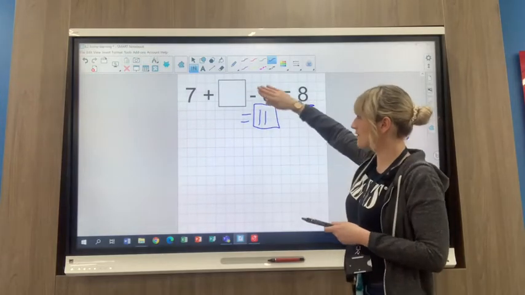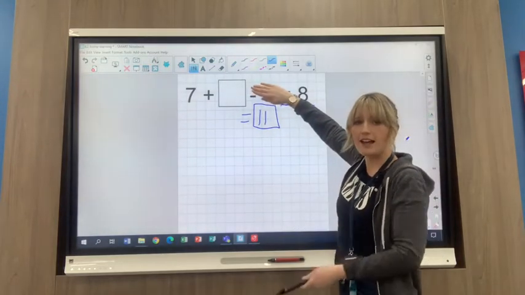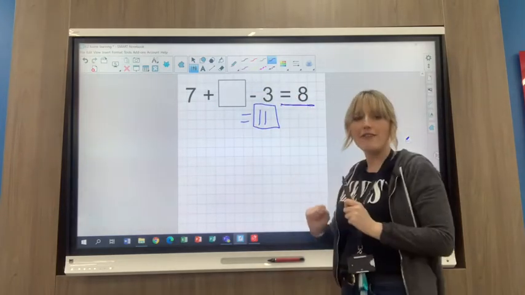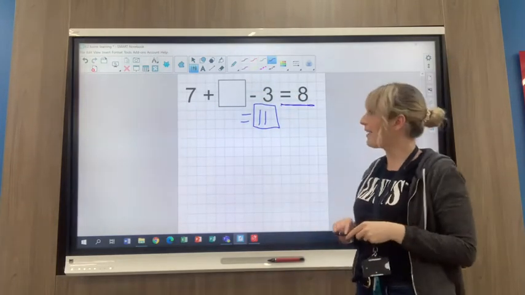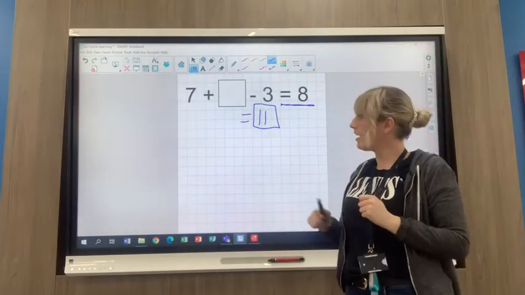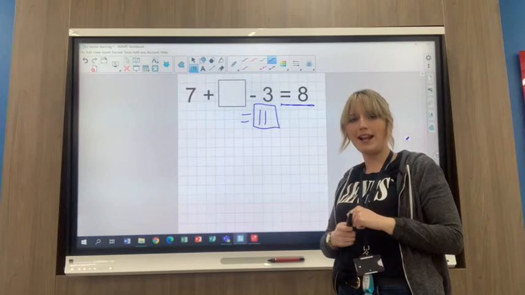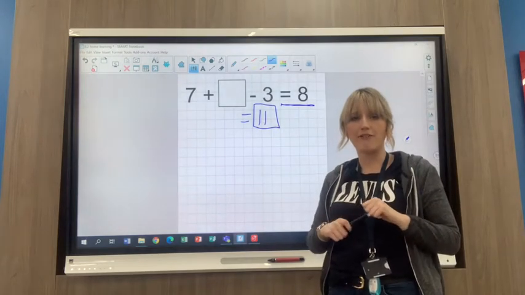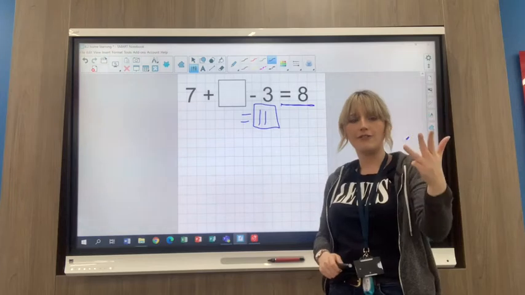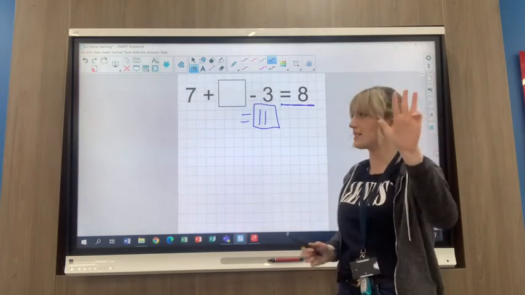If I hadn't taken away 3 there, I'd have 7 add something is 11. Now I can work out that missing number. I've already got 7. I need to count on until I get to 11. Count with me. 7, 8, 9, 10, 11. So my missing number is 4.